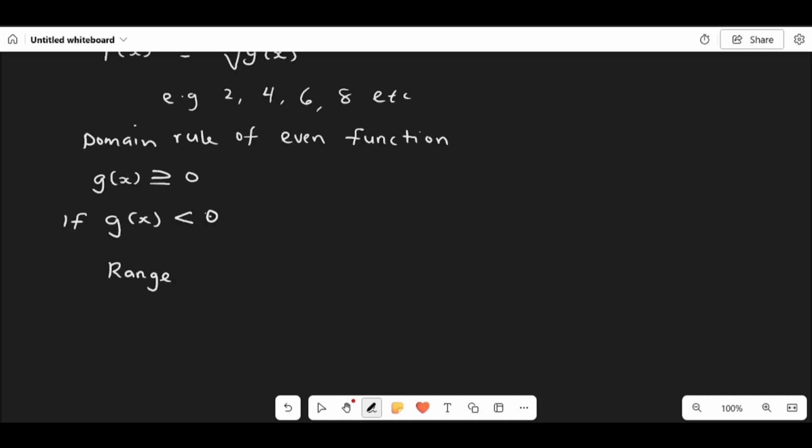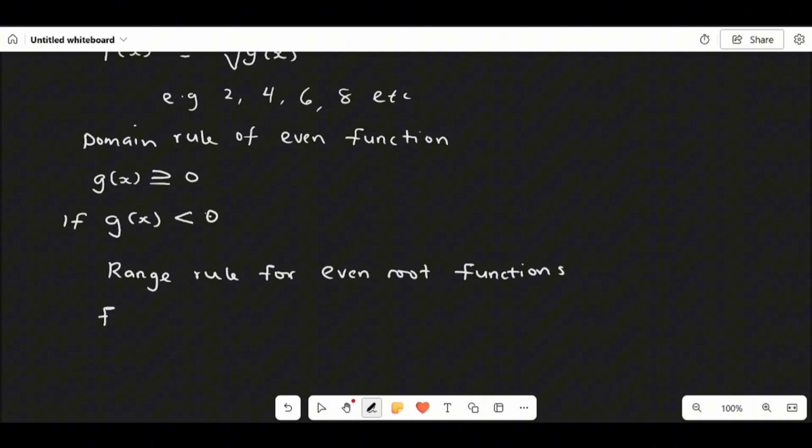Range rule for even root functions. The output range is always non-negative if there is no negative sign outside the root.